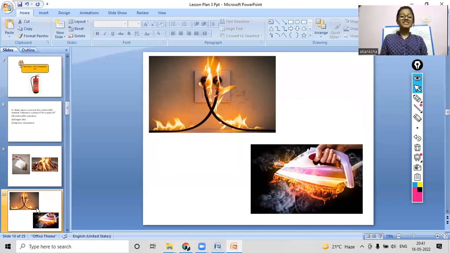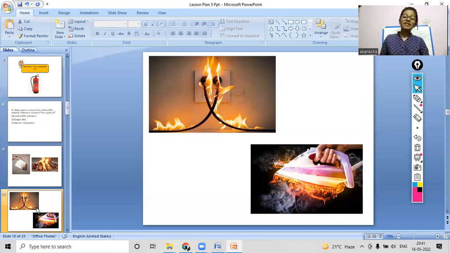Okay, you are all saying no. And why will you not use water? Because it will be more disastrous. Yes, very good. You will get a shock. If you put water on it, the appliances will be damaged. We will not be able to use those appliances anymore. Even if they are burning like this, I don't think we will be able to use them.